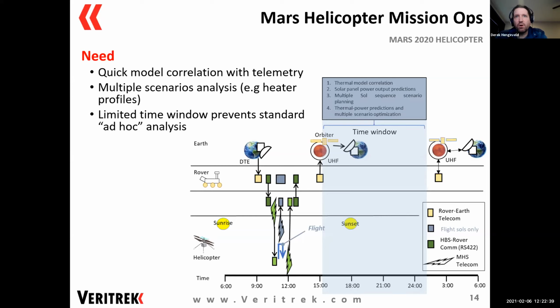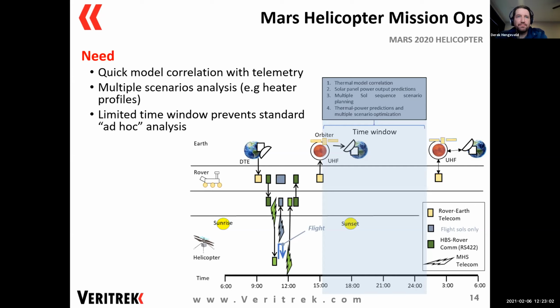So, of course, Mars is going to have changing environmental conditions. Those changing environmental conditions change basically the thermal performance, and we want to adjust our thermal model. We want to correlate our thermal model to that environmental telemetry. So we're basically modeling things as accurately as we can. Quick model correlation is really crucial for that.